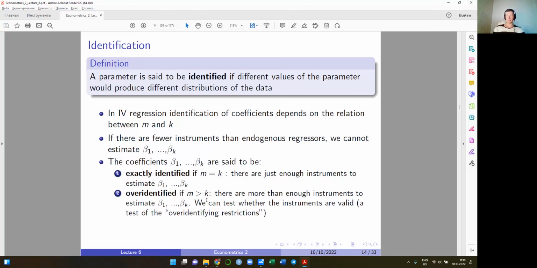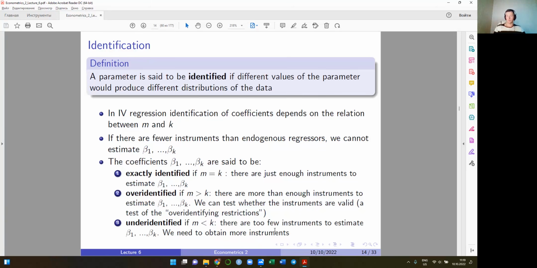And this case gives us a nice opportunity to check instrument validity. You see that basically we need to tell a story that instruments are valid. But if we have an over-identification case, we can formally test that these instruments are valid. It is called the test of the over-identifying restrictions.